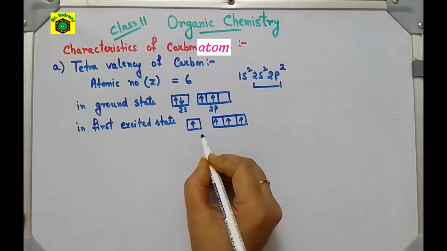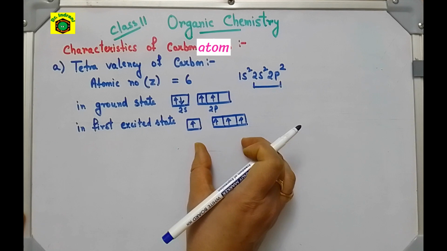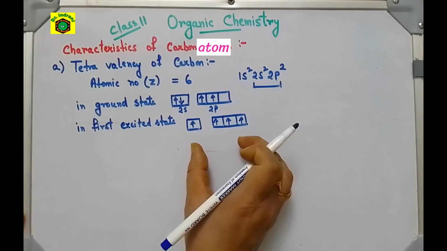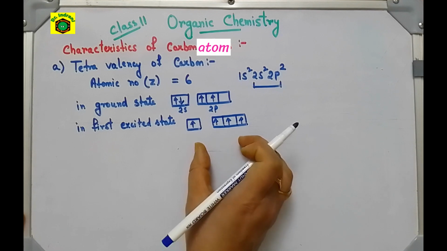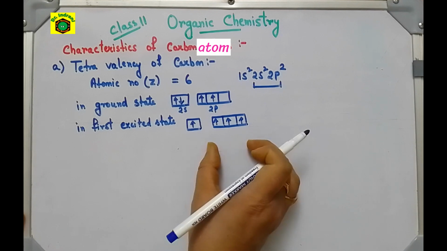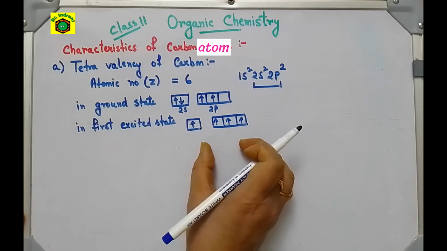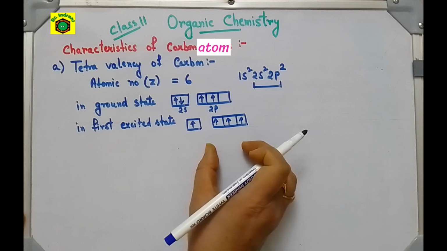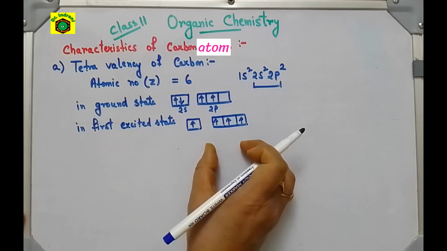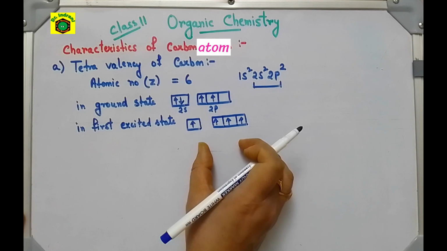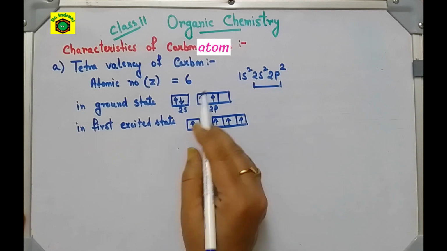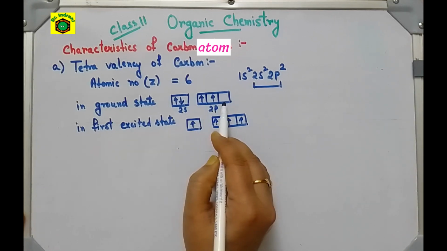So here number of unpaired electrons are 4. These 4 orbitals with 1 electron each are available for covalent bond formation. That's why covalency of carbon from excited state is 4, because number of unpaired electrons are 4. Here covalency in the ground state is 2.